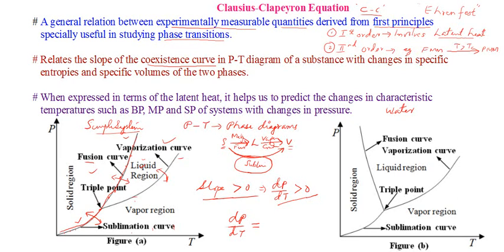What is the meaning that along the curve it coexists? When you move along the curve, what actually is changing? For example, let me take a point somewhere here on the sublimation curve. Corresponding to this point, there is a temperature value, say T1, and a pressure value, say P1.